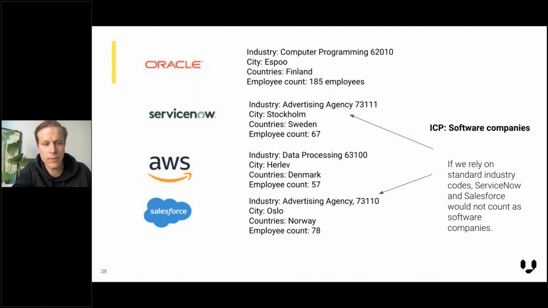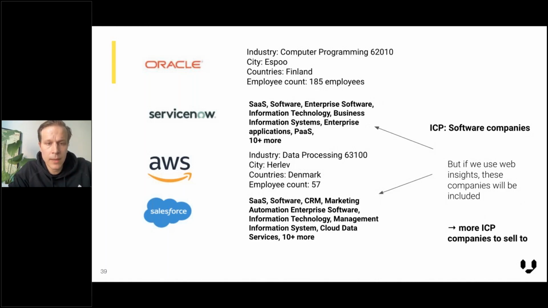So of course, Salesforce and ServiceNow should be part of the target list if we are selling to software businesses. So simply by adding also Vainu custom industries, these companies will be included in those prospecting lists, ad audiences, email campaigns, web personalization, and so on, because we can simply profile them as indeed software companies, and there are also lots of other things as you can see.